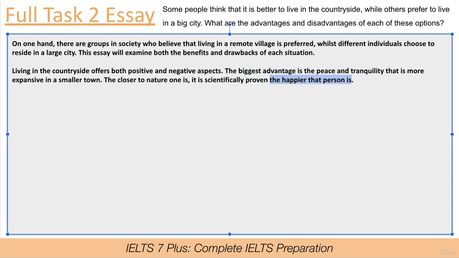It is scientifically proven that they will be happier. Okay, so that is the biggest advantage. The nature, tranquility, the peace. Let's save the pollution for later, and let's talk about the sense of community as well.